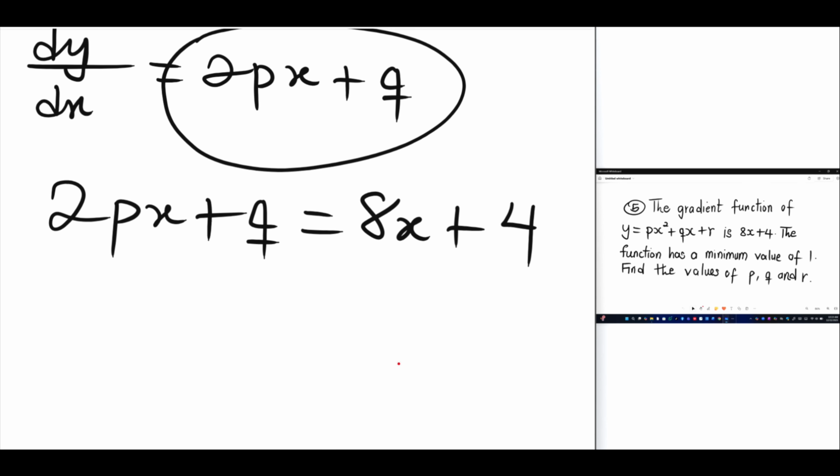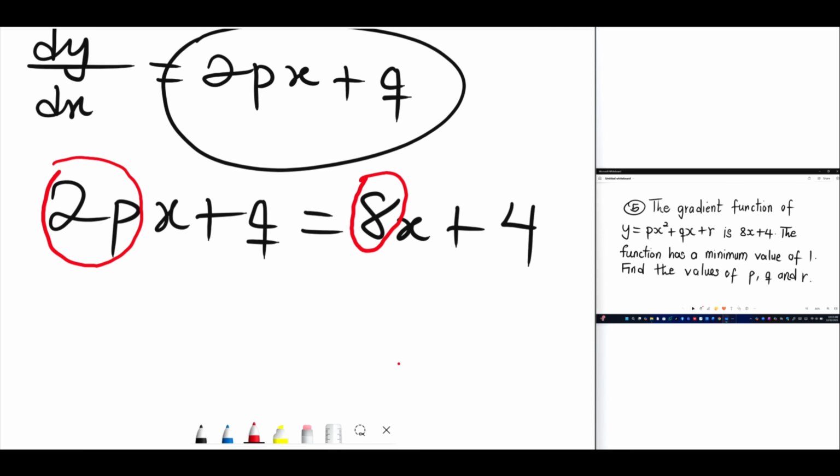So we are going to compare the coefficients. The coefficient of x on the left hand side is 2p. The coefficient of x on the right is 8.